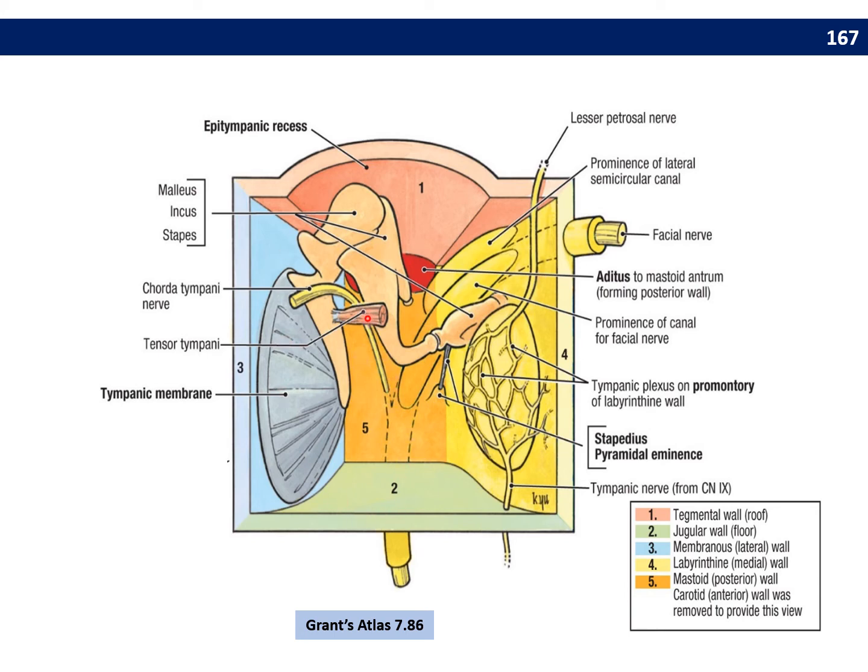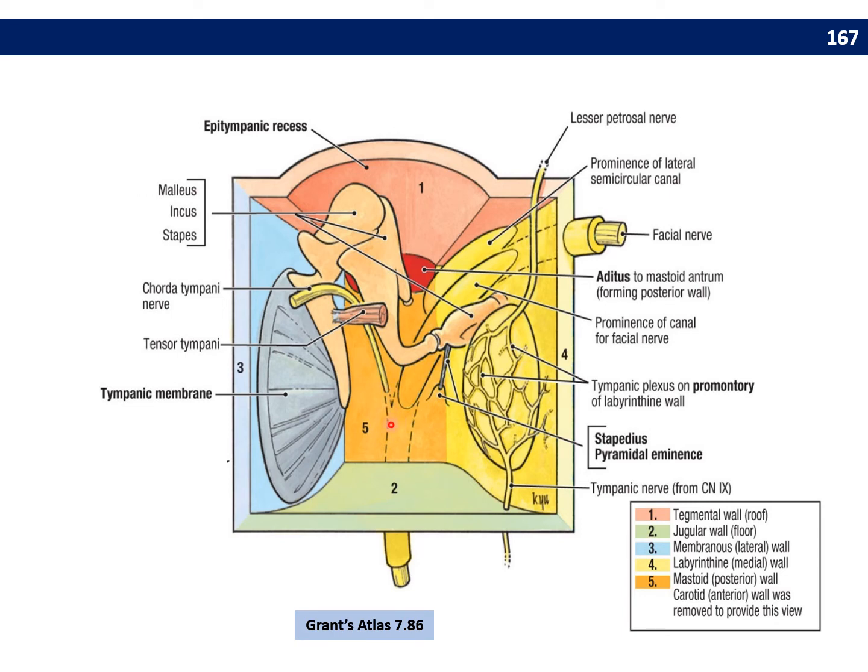Okay, the tensor tympani, when it acts on the malleus, it limits the movement of the tympanic membrane, or the oscillation of the malleus at the tympanic membrane. Again, tensing that tympanic membrane, decreasing the sound. For chronically loud sounds, it kind of turns it down, right? All right.